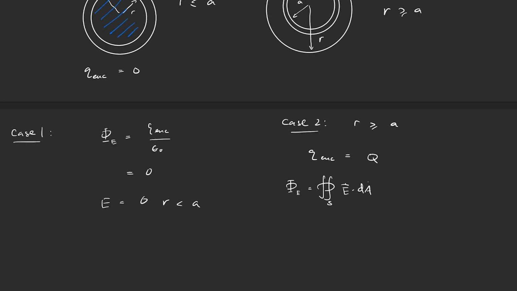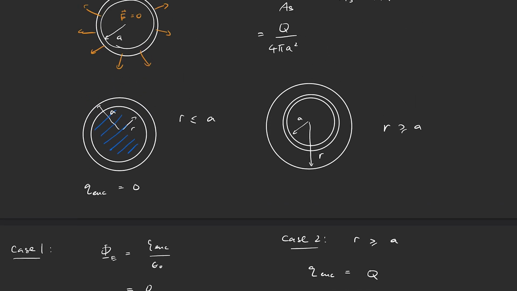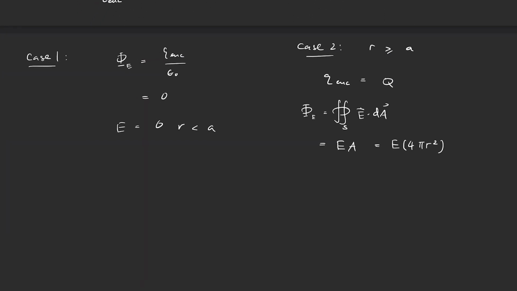So the flux is simply EA, which is the field multiplied by the surface area of our Gaussian sphere. And if we apply Gauss's law, we can see that the magnitude of the electric field is given by Q over epsilon naught times 4 pi r squared, which can be simplified to 1 over 4 pi epsilon naught times Q over r squared.